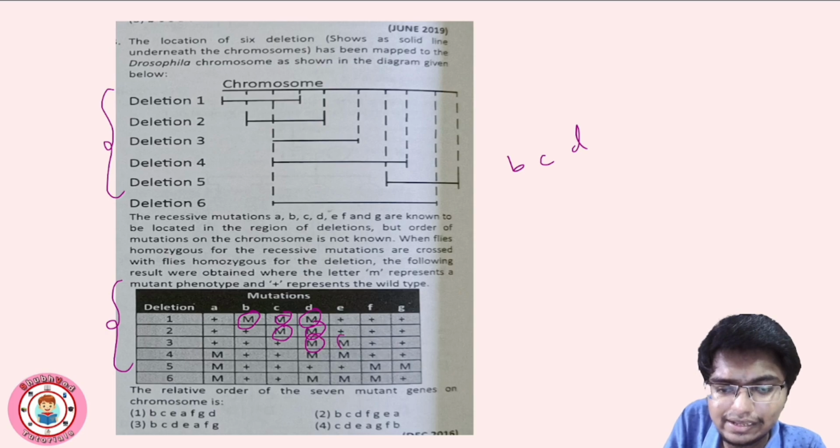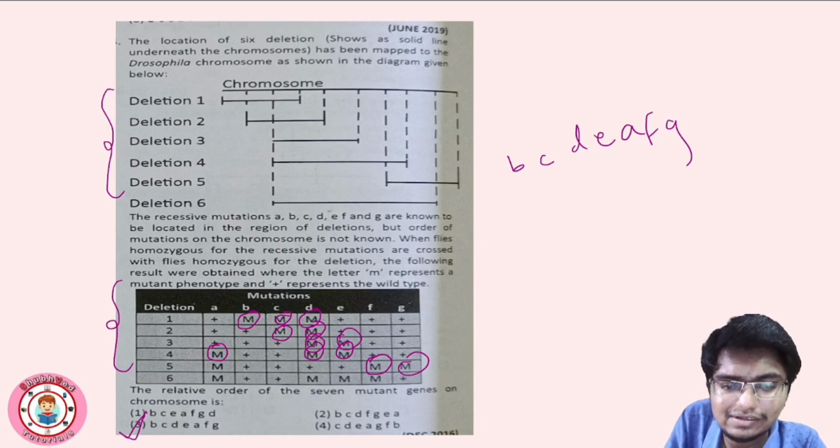Then DE, after DE is there, then E के बाद A. Okay, and that is in one option only, BCDEA, option number 3. उसके बाद यहाँ पे F and G, right, F and G.